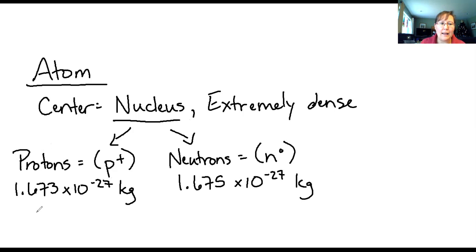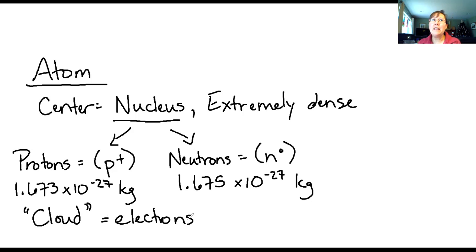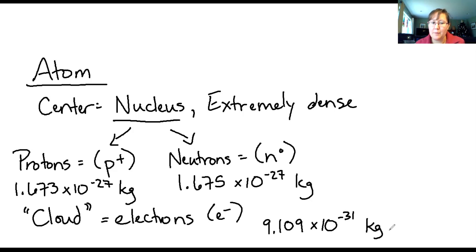Now, outside in the cloud, we have electrons. Electrons make up this huge cloud compared to our very dense nucleus because they are moving constantly and very, very fast. Sometimes we'll abbreviate electrons as an E-, and they are so small, it's 9.109 times 10 to the negative 31 kilograms.